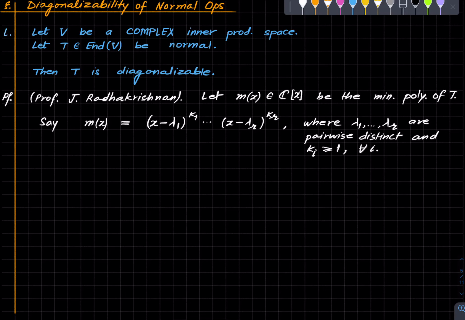So since we are working with a complex polynomial, meaning a polynomial with complex coefficients, all the irreducible factors of this guy are linear, so the factorization of mx will look like this.